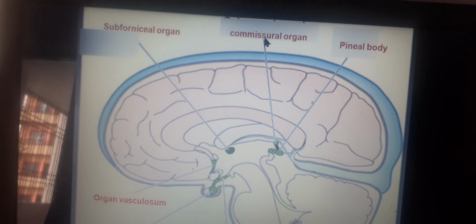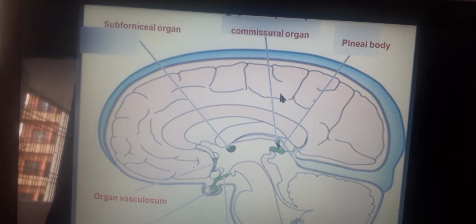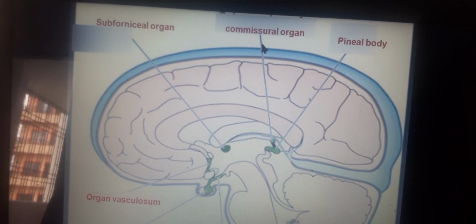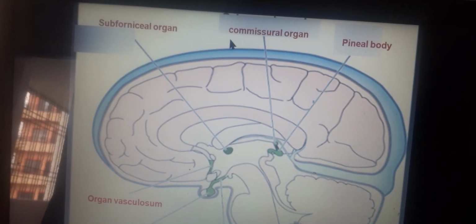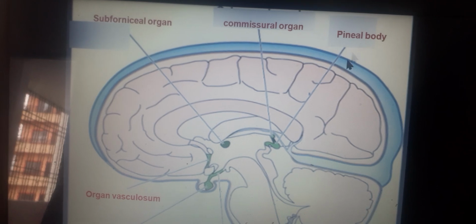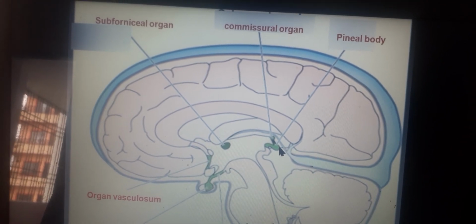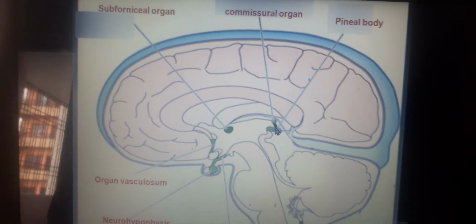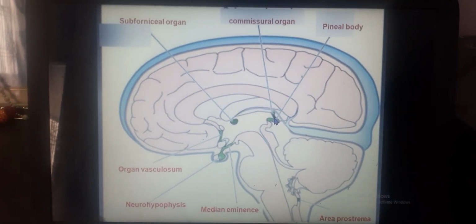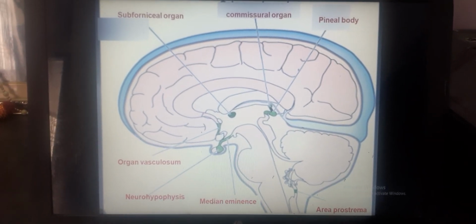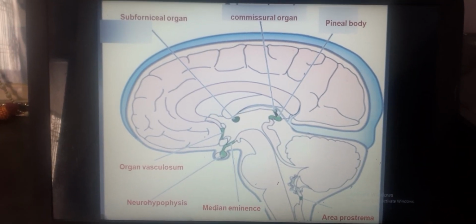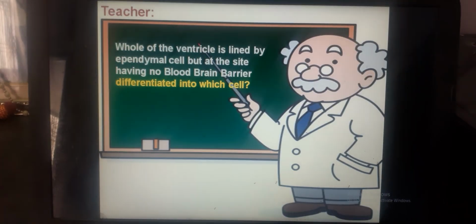And this is the commissural organ, which releases transthyretin, a carrier for thyroid hormone. This is the pineal body, which releases melatonin to regulate circadian rhythm. So these are all circumventricular organs having no blood-brain barrier for some special purpose.